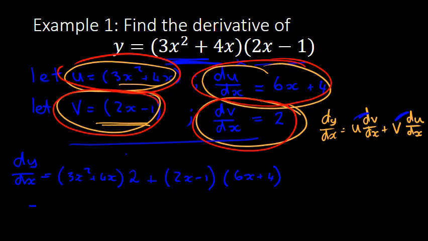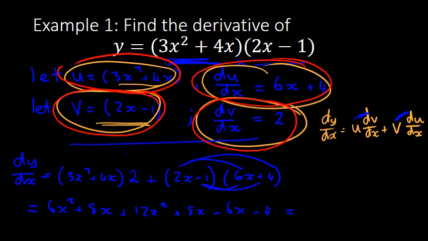Now, expansion here is less critical, okay, but in this case I'd probably follow it through. You're going to get 6x squared plus 8x plus 12x squared plus 8x minus 6x minus 4.